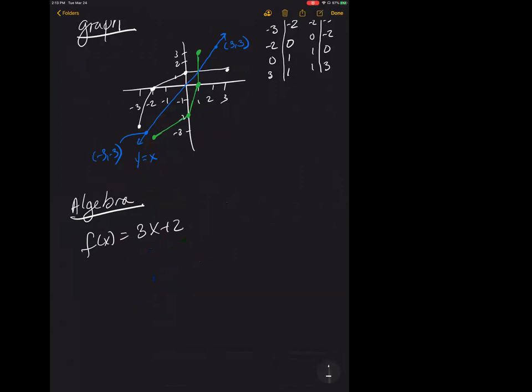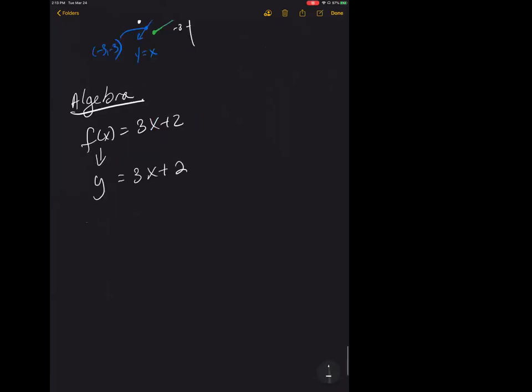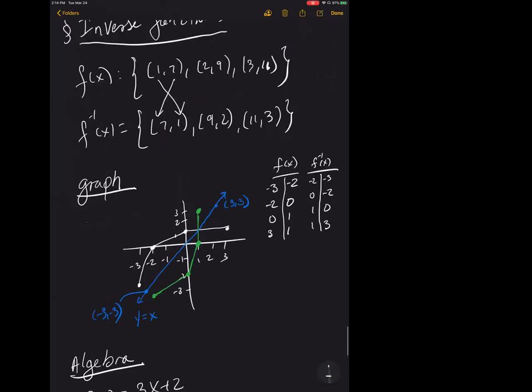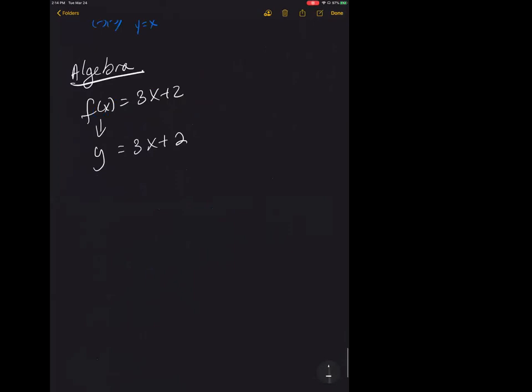First thing I do is I change f of x to y. Since I'm doing algebra, it's just a little bit easier if I have everything in terms of x and y. Next is I switch x and y's. Remember up here, when you find the inverse, you have to switch the x's and y's. You do the same thing here. Everywhere you see y, you write x. Everywhere you see x, you write y.